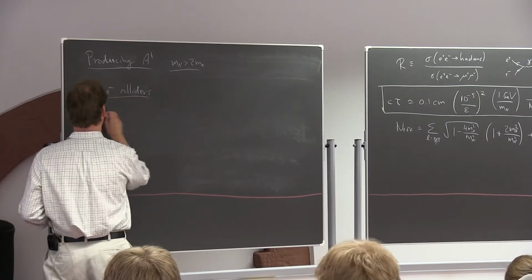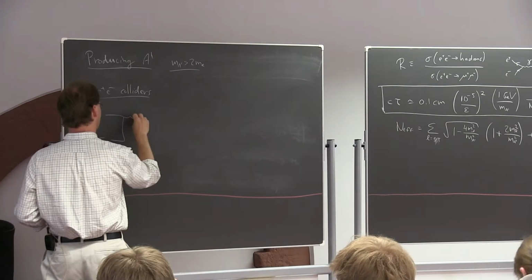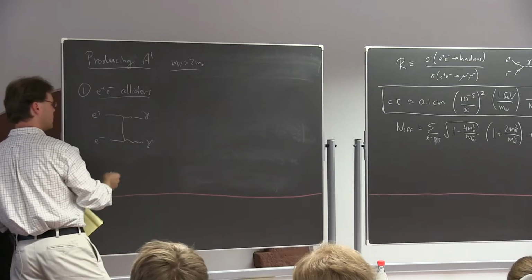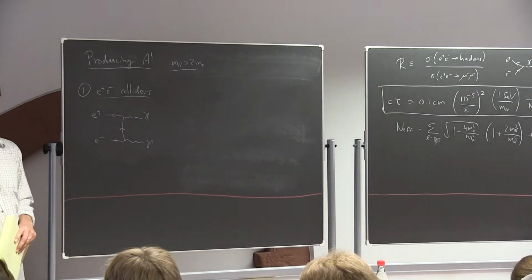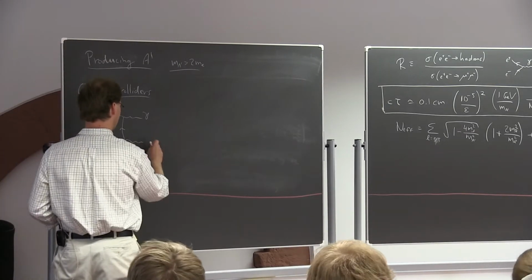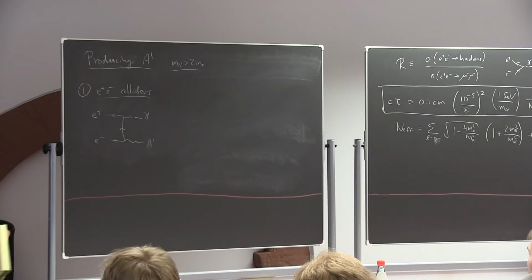In particular, the way we can produce a dark photon is as follows. This is how we can produce 2 photons. That happens very often at an e+ e- collider. And I can just take one of these gammas and replace it with a dark photon. That's how I can produce a dark photon.